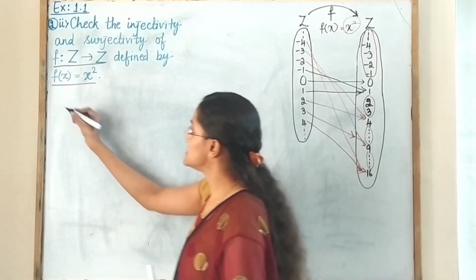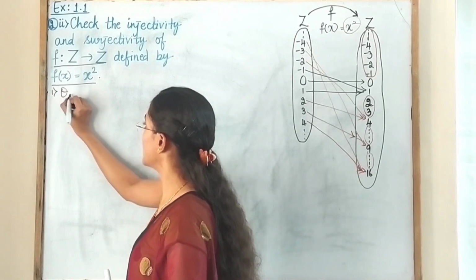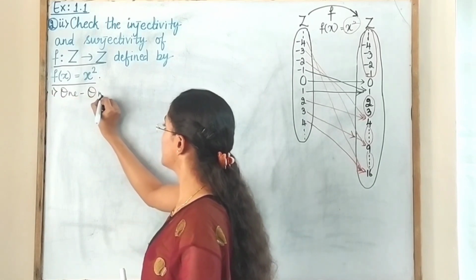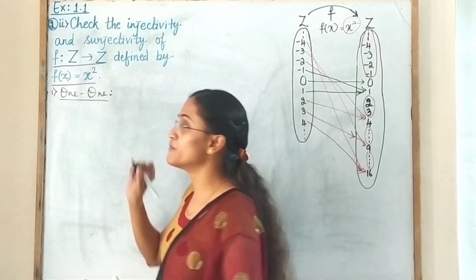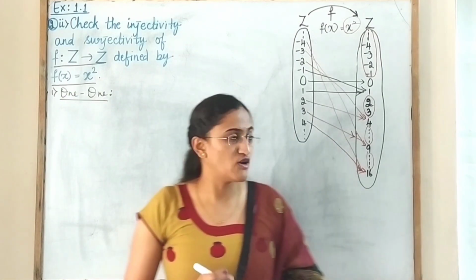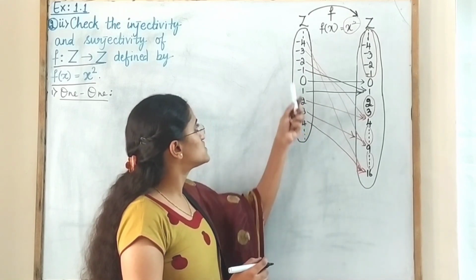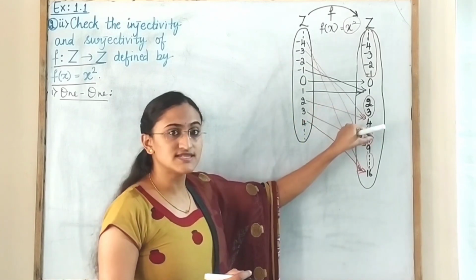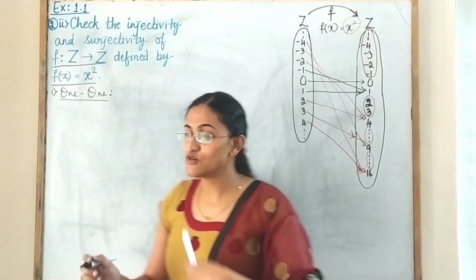Now, proving this generally, starting with the 1-1 function. If you are saying that it is not, you may give a counter example to prove this. For 1-1 I can give the counter example as, yes, plus 2 and minus 2 have been mapped to the same element 4, and you can use that.